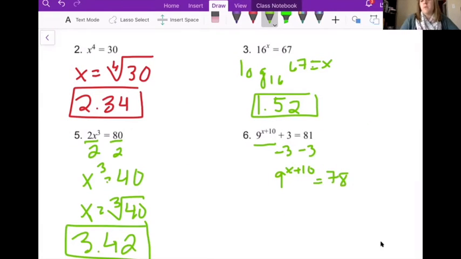Now we want to switch it from exponential to logarithmic. And even though our exponent is x plus 10, that still is an exponent. So we would do log base 9 of 78 equals x plus 10. And so I'm going to take log base 9 of 78 in my calculator using log base. And then I get that this is 1.98.